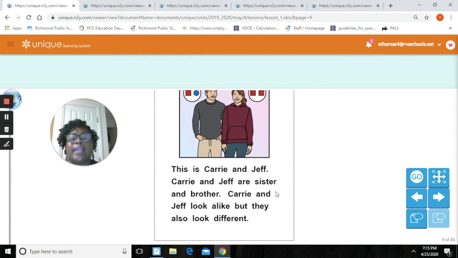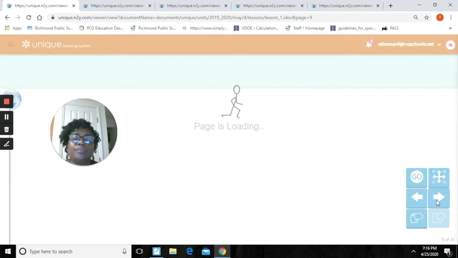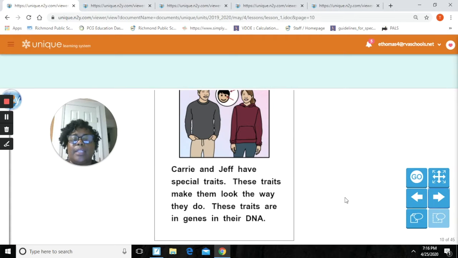So now this is Carrie and Jeff. Carrie and Jeff are sister and brother. Carrie and Jeff look alike, but they also look different. Carrie and Jeff have special traits. These traits make them look the way they do.